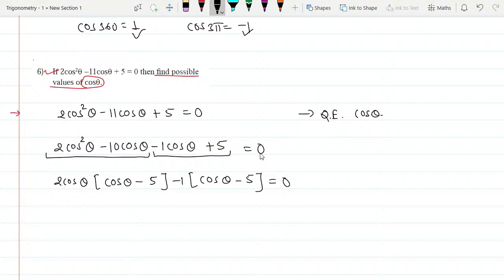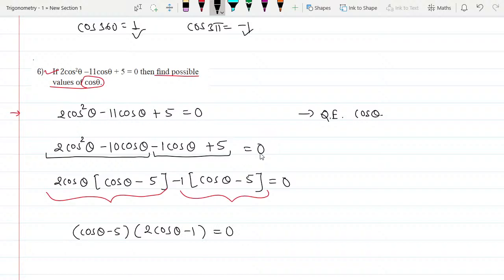Now again we have two terms. This is the first term and this is the second term, and in both terms cos theta minus 5 is common. So let's take cos theta minus 5 outside. In the first term the remaining is 2 cos theta, and in the second term minus 1 is remaining, which is equal to 0.